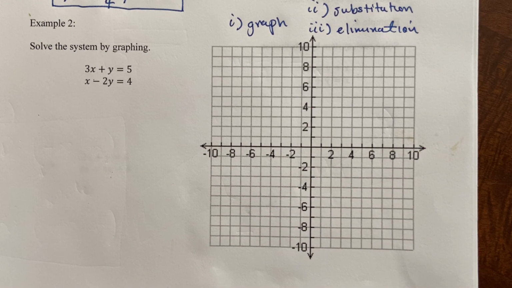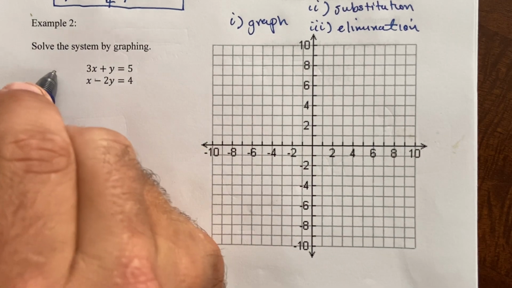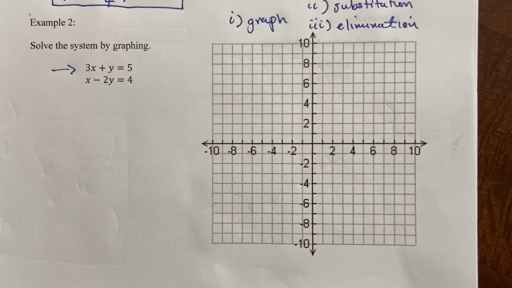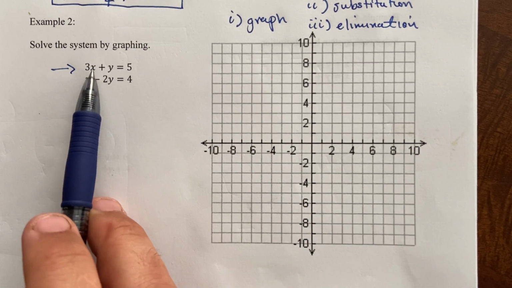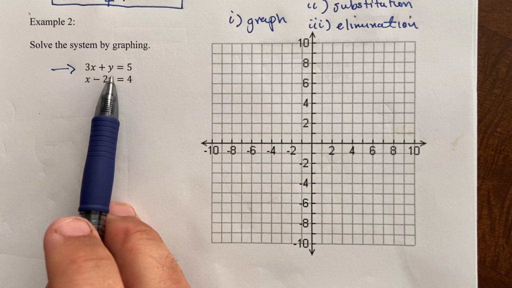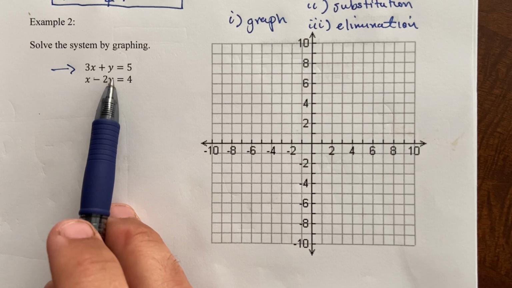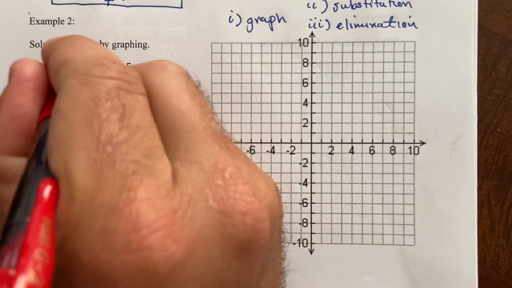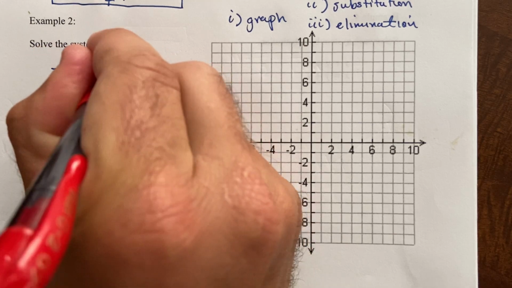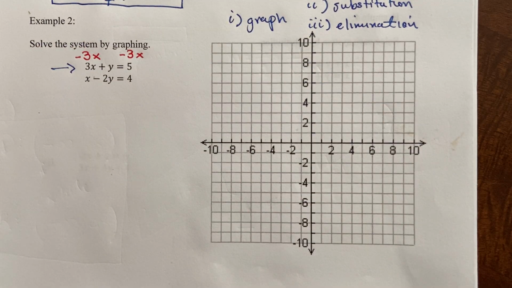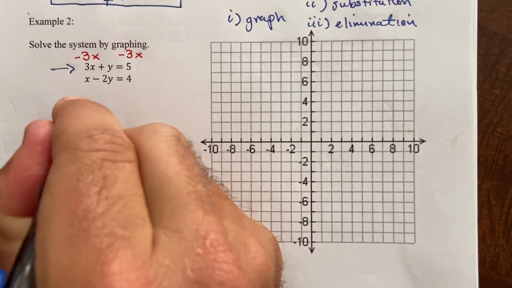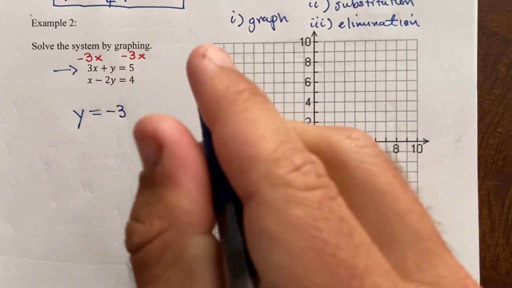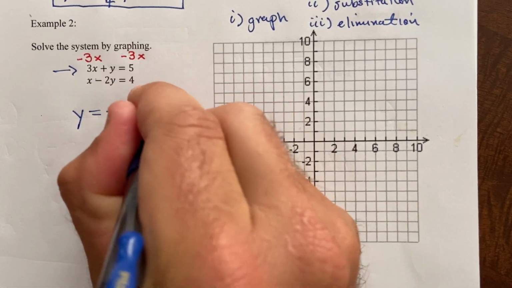So how do we graph lines? The first thing I want to do is graph this thing right here. I'm going to choose to put this into slope-intercept form. I'm noticing that the y is already alone, so it's pretty easy just to bring over this 3x. I'll say this first one is equivalent to y equals negative 3x plus 5.